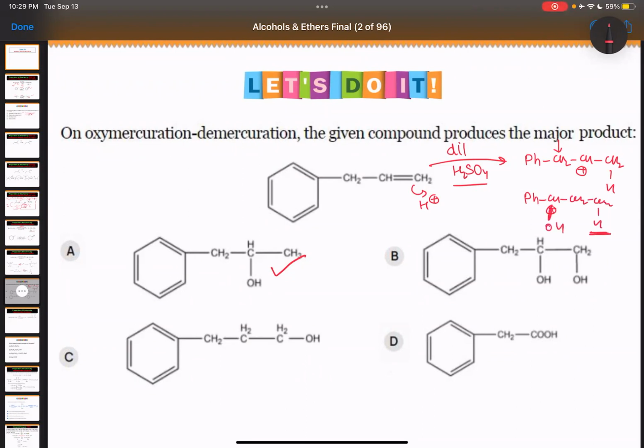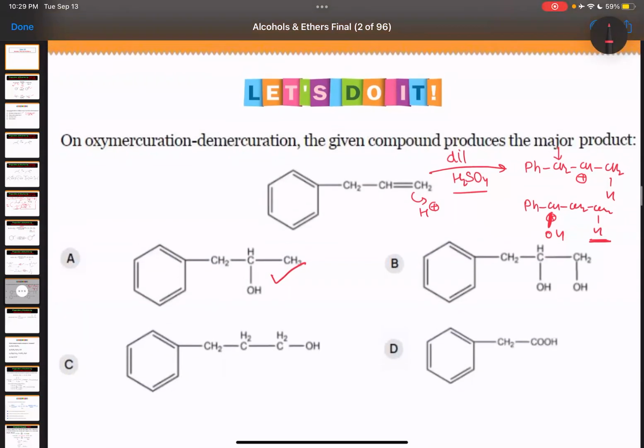It's simply dilute H2SO4. Clear? Yes, sir. So that's the difference. That was with rearrangement and this was without rearrangement.